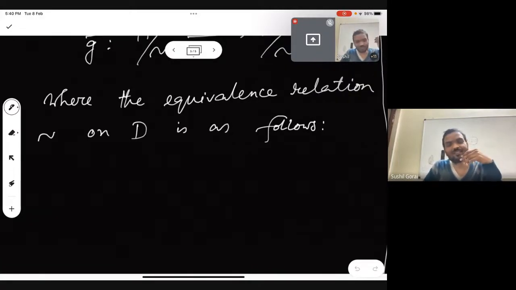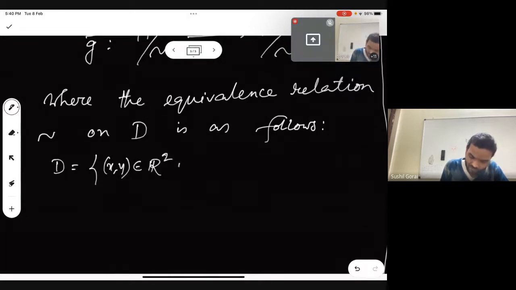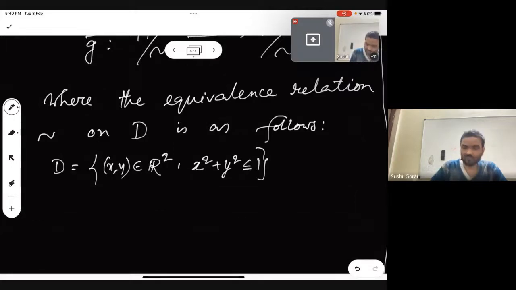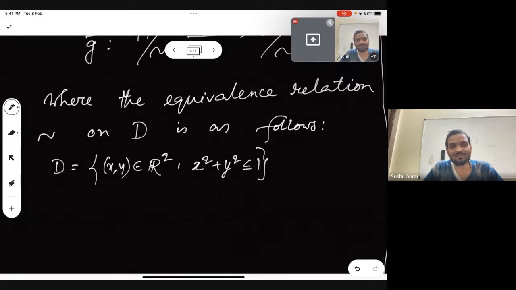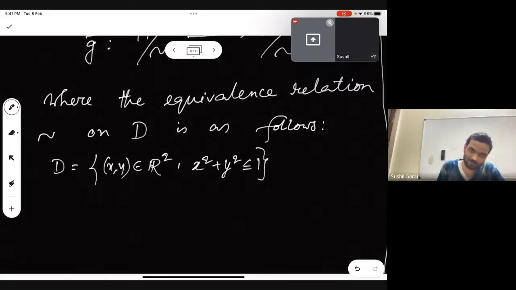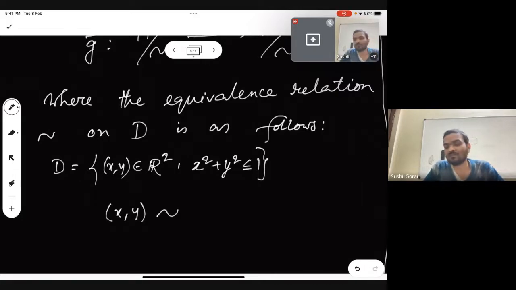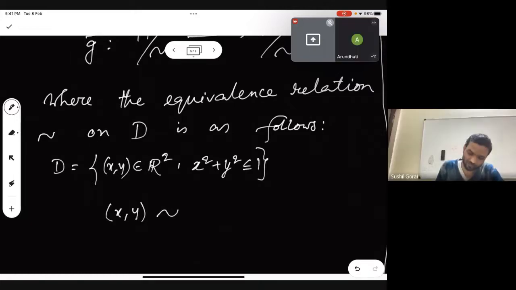So what will be the equivalence relation on D? Let me write what D is: x, y in R2 such that x squared plus y squared is less than or equal to 1. Come on, say somebody. If they are diametrically opposite. Oh, so what will be the map? x, y is identified with minus x, minus y.